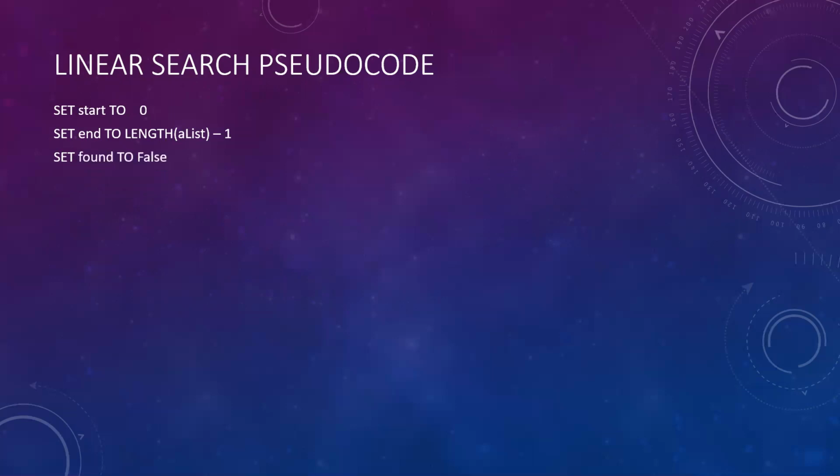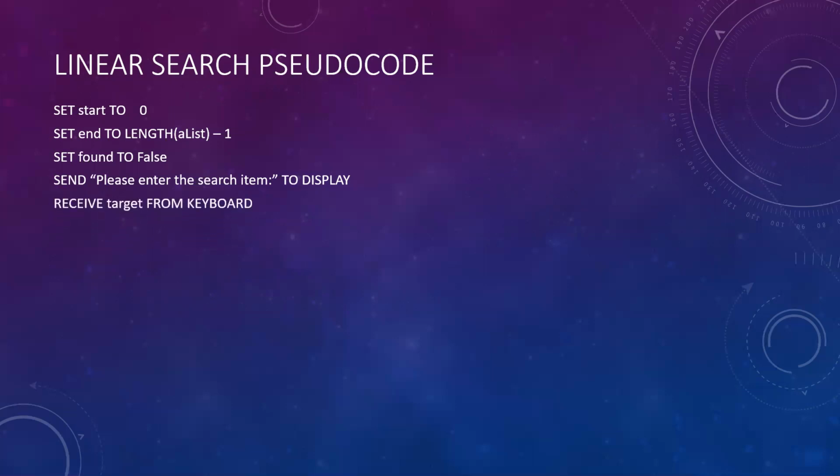And found is actually a key which is used to break the loop. At first it will prompt, please enter the search item. You have to write the number or the item or the name you want to search in the list.